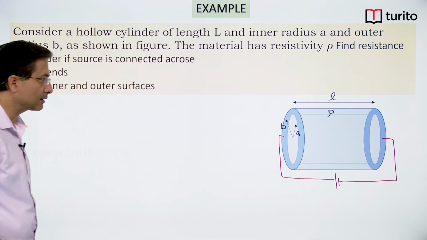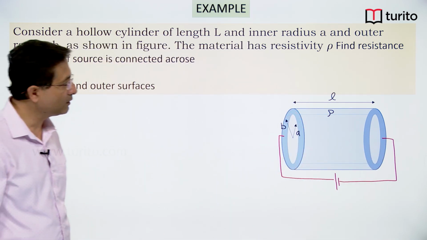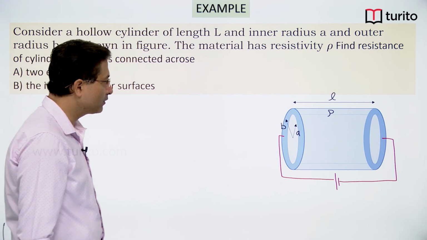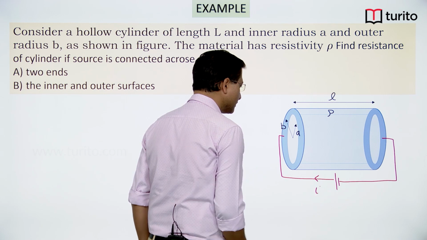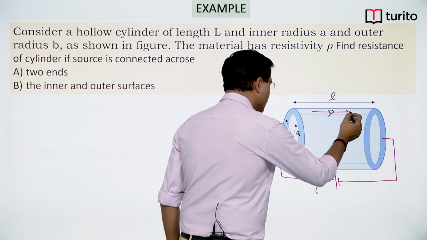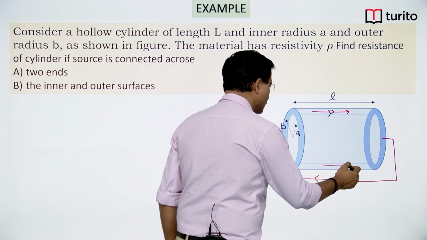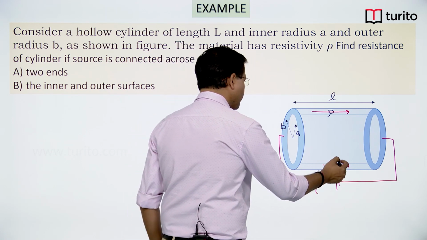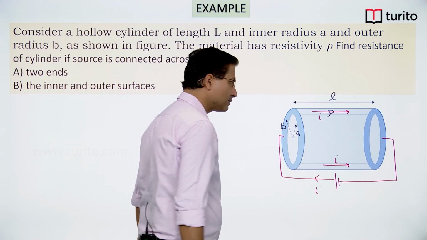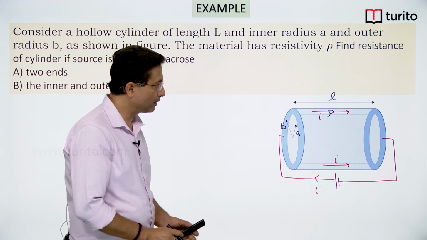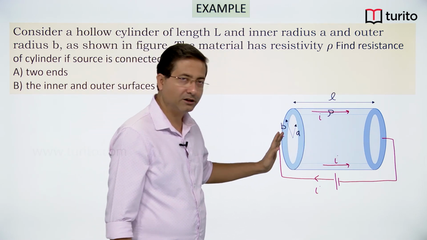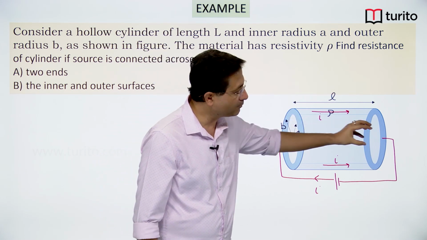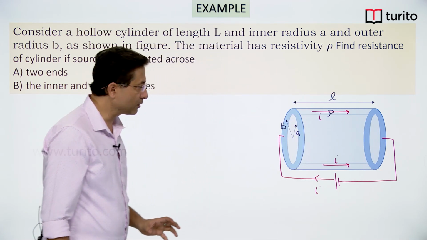Okay, so we are connecting source across two ends, and when you connect source across two ends, current starts flowing through the conductor along the axis, right. Two ends are maintained at different potential, so current will flow from higher potential to lower potential.